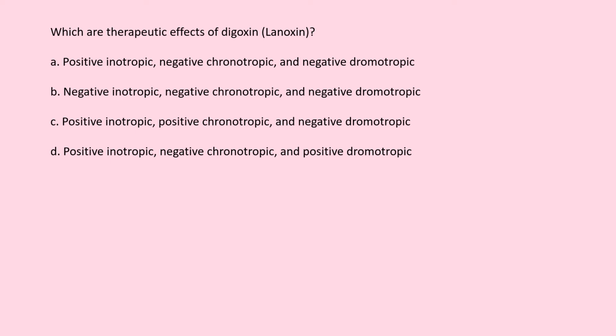A. Positive inotropic, negative chronotropic, and negative dromotropic. B. Negative inotropic, negative chronotropic, and negative dromotropic. C. Positive inotropic, positive chronotropic, and negative dromotropic. D. Positive inotropic, negative chronotropic, and positive dromotropic.